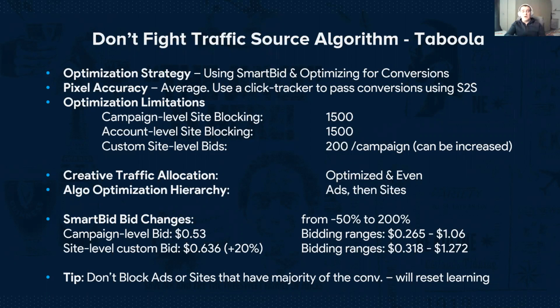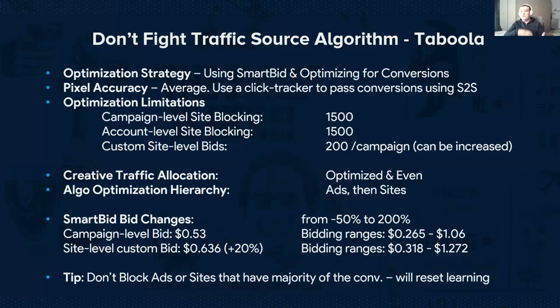And when working with smart bids, we have to keep present that Taboola will try to play with the bids from minus 50% up to 200% of your current campaign level bid or site level bid in order to get you the conversion. So if you're bidding on the campaign level with 53 cents a click, your bid can range from 26 cents up to $1.06 a click.